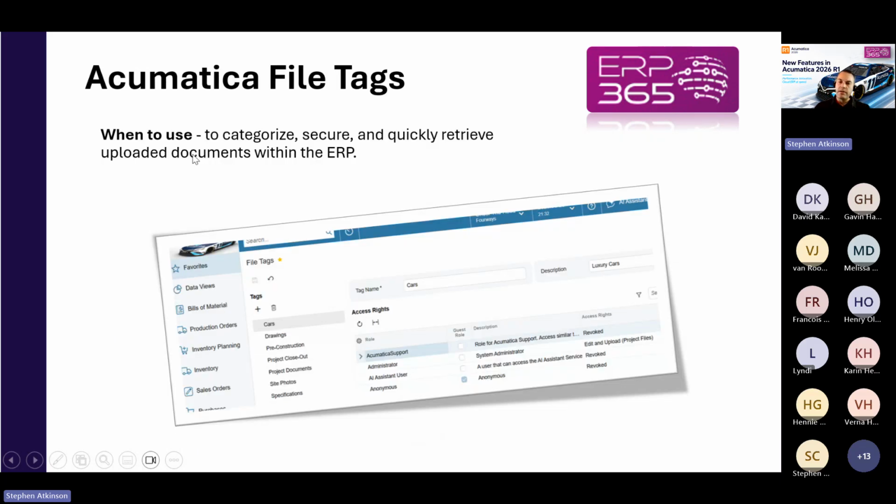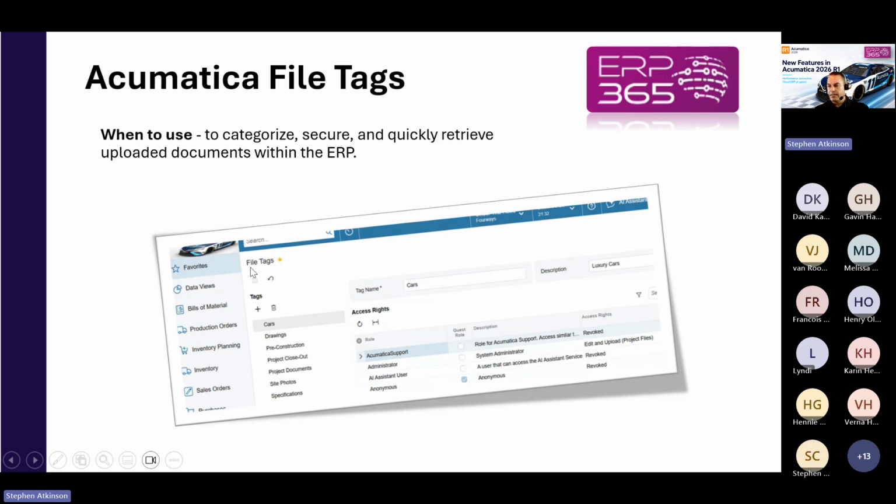Okay, so something that's maybe not critical to most users, but what they've started to do is tag your files. A few reasons for this: there's something called a file search, and I will show that just now, where you may be looking for certain files, or you want to see what's been uploaded, or it's just messy, so you don't necessarily have a nice filing system, and maybe you don't want people to be able to see certain files within the organization.